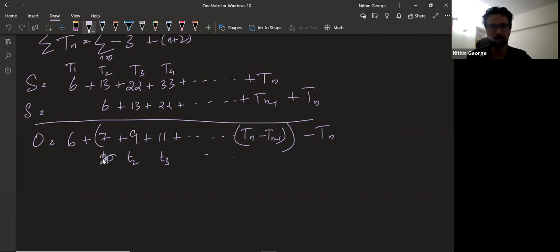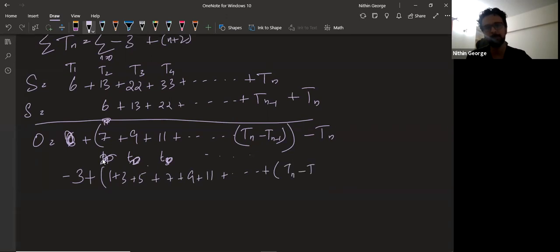Actually, I won't call this T1. I will complete the AP. For that, I'll bring in 1 plus 3 plus 5. Once I bring in 1 plus 3 plus 5, out goes minus 3. So it's 1 plus 3 plus 5 plus 7 plus 9 plus this term, Tn minus 1.